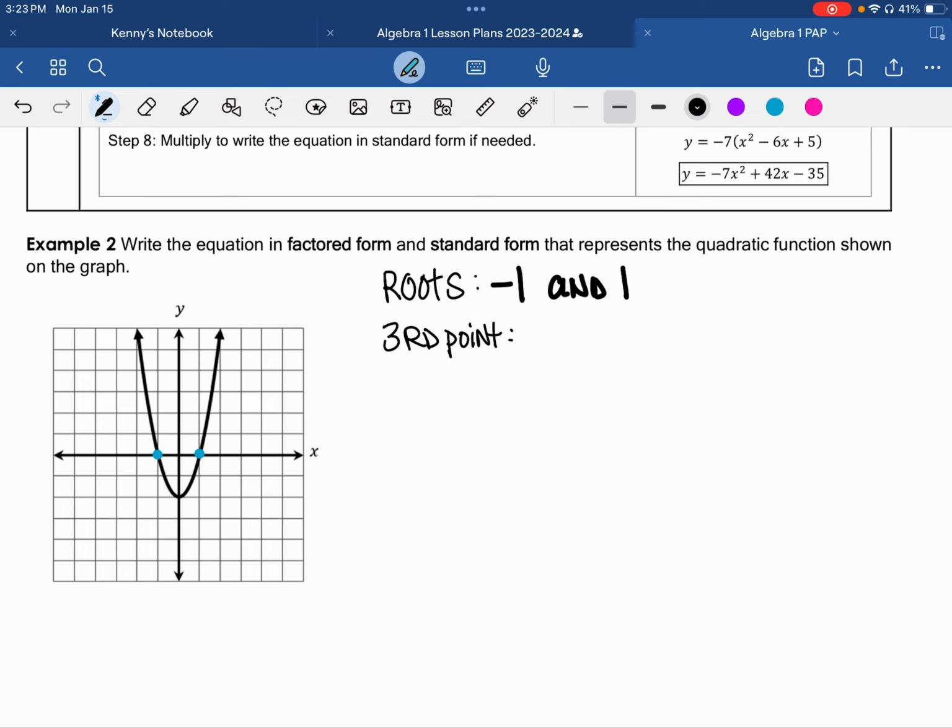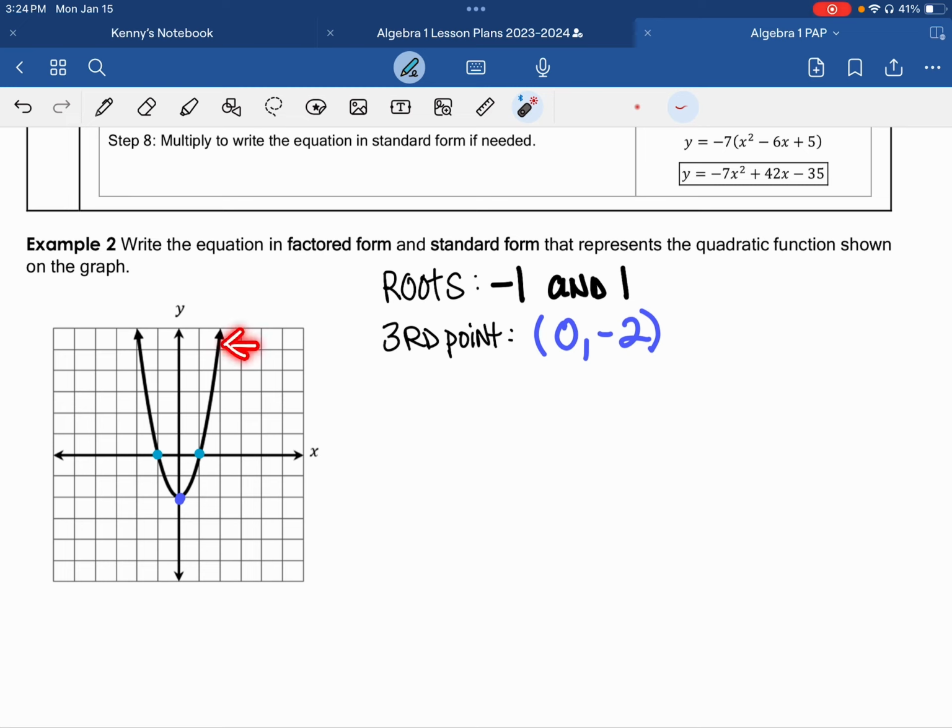The next thing I need is a third point on the graph. Any third point would do. We could go ahead and grab the vertex. It's a pretty standard one to use. I'm going to grab it, but you could use any other point. There appears to be one maybe, oh, no, I think on this graph the vertex would probably be the best one.